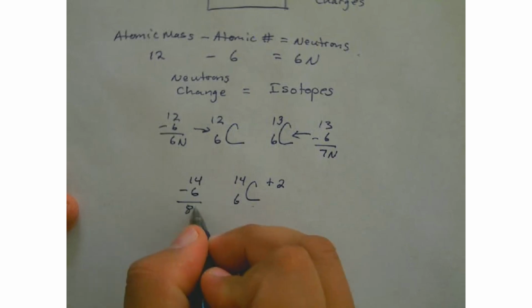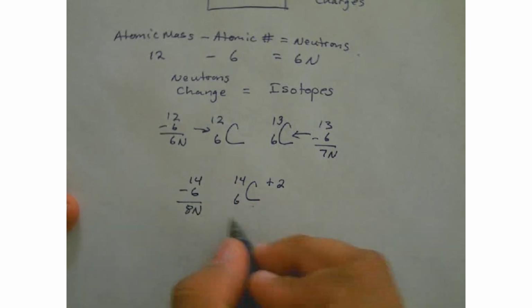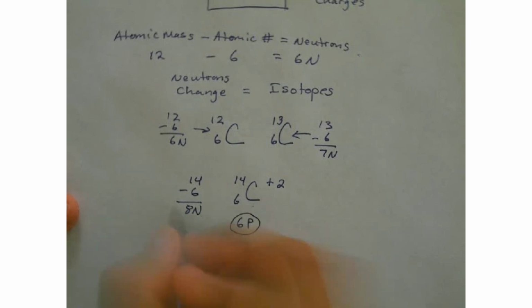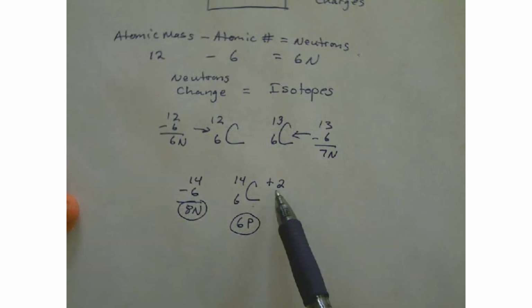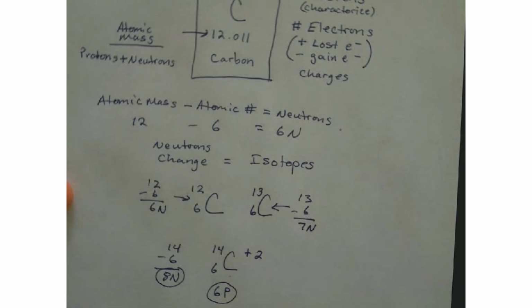Well, let's look at this 6 here. I know I still have 6 protons, right? 6 neutrons and 6 protons. Well, what's this plus 2 mean? Well, that plus 2 means we're dealing with a charge. And when we're looking at charges, what are we looking at here? Electrons, right? So let's look. Normally, this number tells me the number of protons and electrons. Well, normally, I'm supposed to have 6 electrons, normally, right?